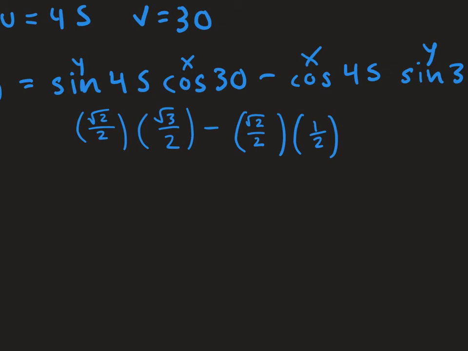So we multiply these together. What do we get when we have square root 2 over 2 times square root 3 over 2? Square root 6 over 4. Remember, we multiply the tops together, multiply the bottoms. And then what do we get when we multiply square root 2 over 2 times 1/2?